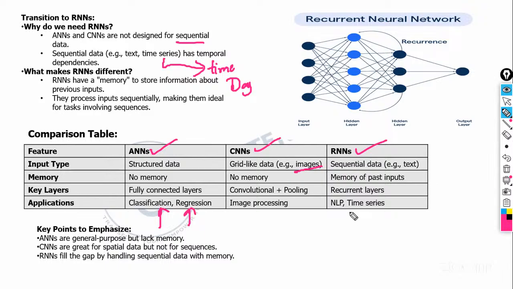Then RNNs: the applications are NLP, natural language processing, and time series. If you want to forecast data, such as weather, temperature, or humidity, all these come under time series data. These are some of the applications where RNNs are widely used.